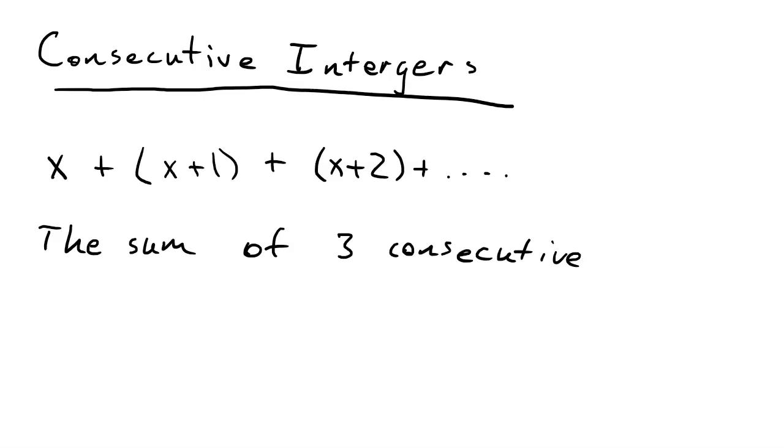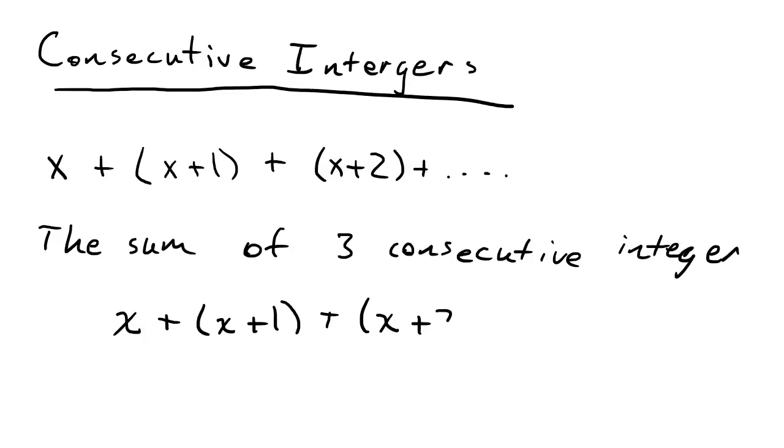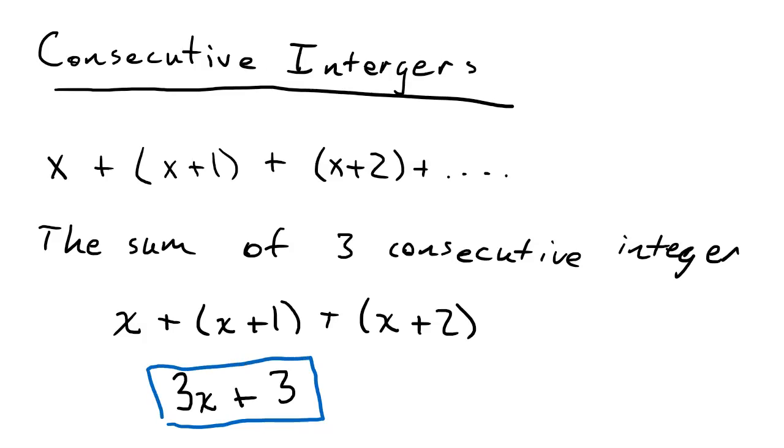Well, the first integer is just going to be some number x. The next integer that's consecutive is going to be x plus 1. And the third consecutive integer is going to be x plus 2. When we combine these like terms, we're going to get 3x plus 3. And this is a relationship that is true for all integers x.